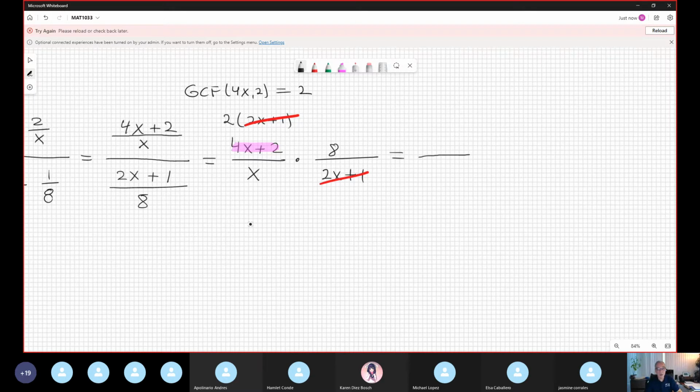Who stays in the top? 2 and 8 stay, together multiplied is 16. And the bottom, who stays? x. Final answer, I finish.